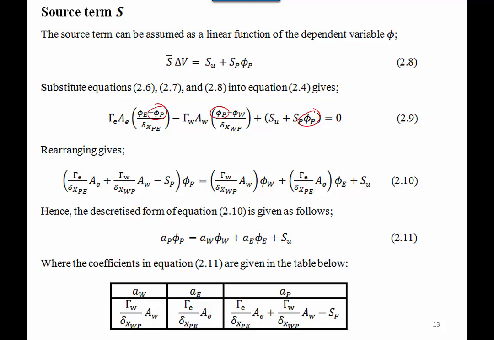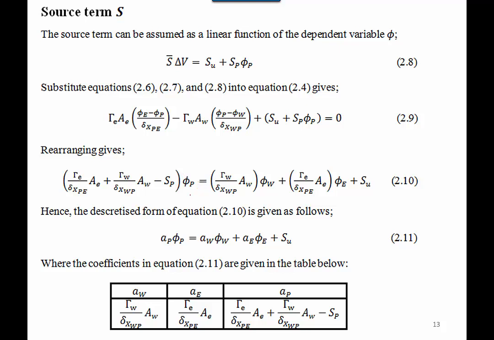If we arrange these values and put them on the left side, all sharing this parameter phi P, and the others we put on the right side of equation 2.10. Hence, the general discretization form of equation 2.10 will be shown as in equation 2.11.